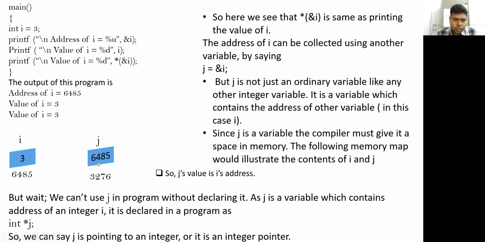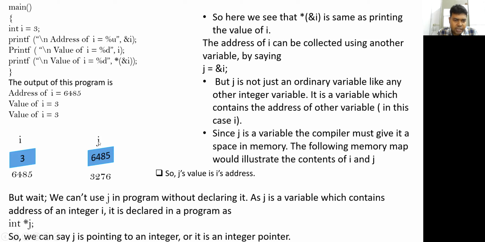So if we see this diagram, what is happening over here? i is a particular variable which is stored at this memory location 6485, and we are taking another variable, that is j, where we are going to store this value, that is 6485, this memory location. So j becomes another variable.